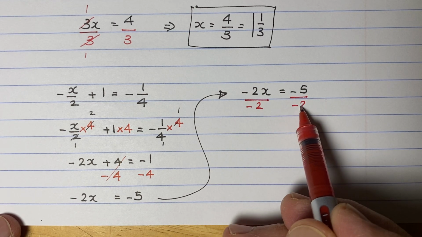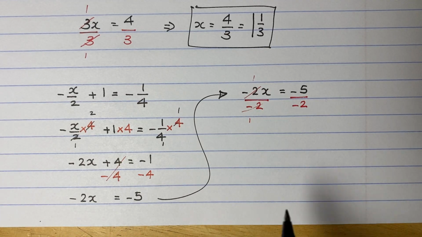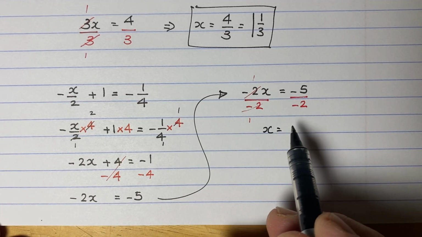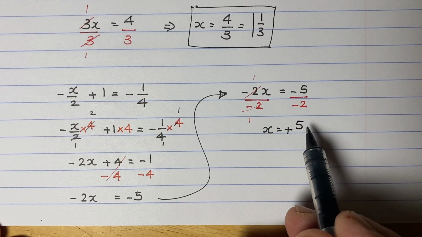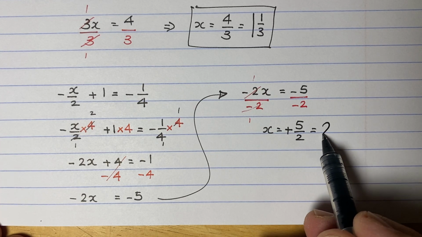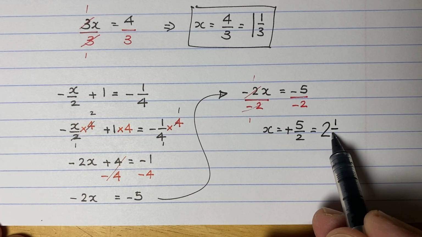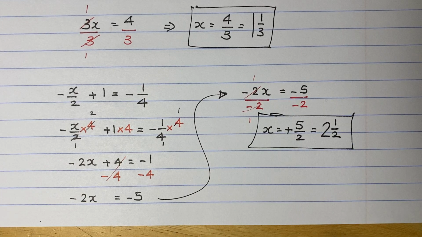So divide both sides by minus 2. Cancel. So x equals minus divided by minus is positive, 5 over 2. That's top heavy, 2 into 5 goes twice, remainder 1. So x is 5 over 2 or 2.5.